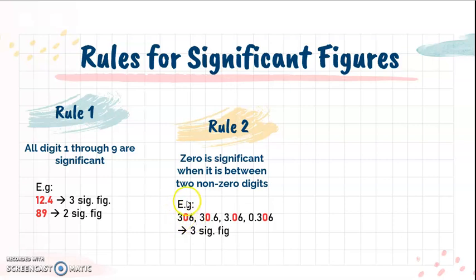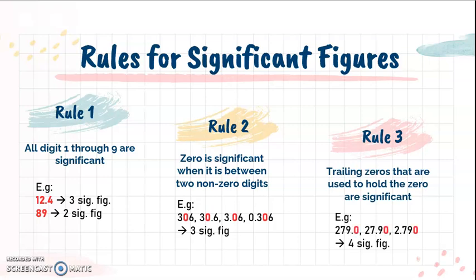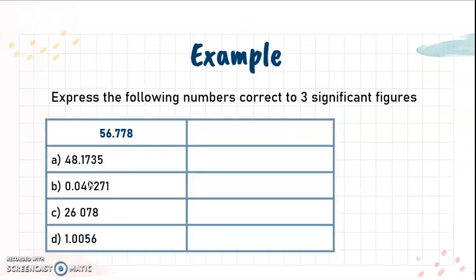So we have 1, 2, and 3. The third rule is that trailing zeros that are used to hold the place are significant. For example, we have this number 279 and 0. Okay, so this 0 is considered significant, so we count that as 1, 2, 3, 4, which is 4 significant figures. Okay, so these are the three rules for significant figures.